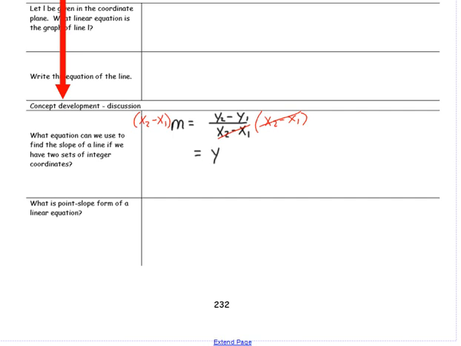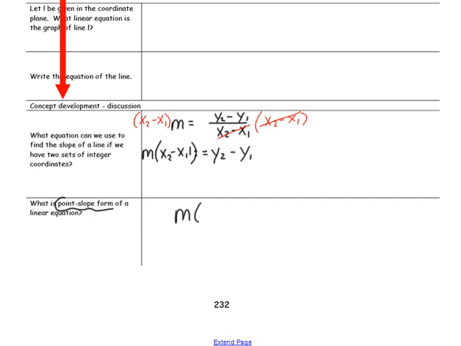We have y sub 2 minus y sub 1. And on the left side of the equation, we have m times the quantity, x sub 2 minus x sub 1. Let me move this equal sign over a little bit so it's a little more clear. This is the point slope formula of a linear equation.